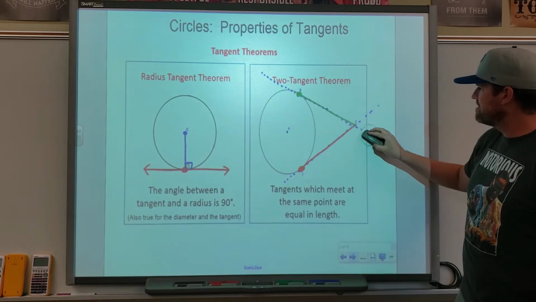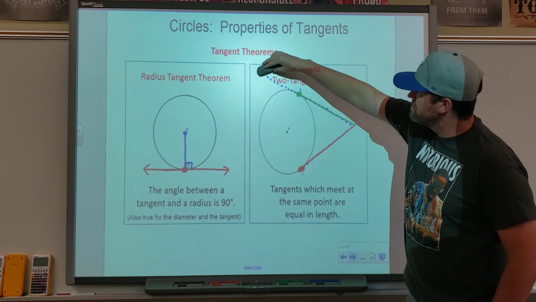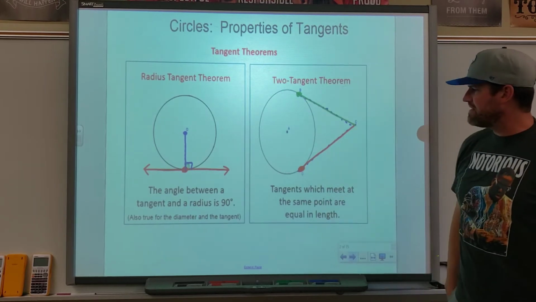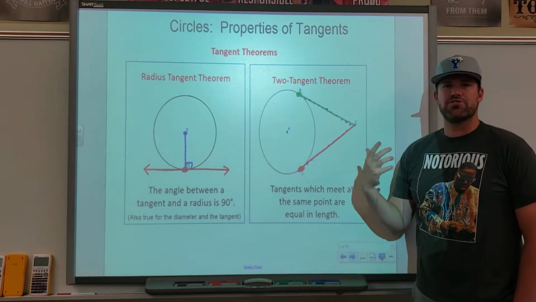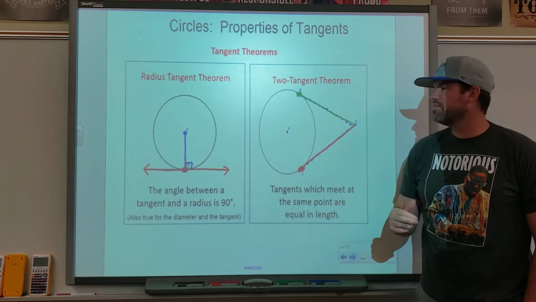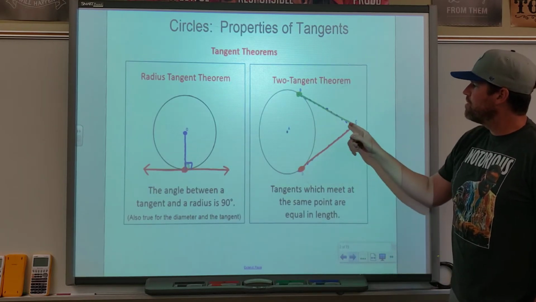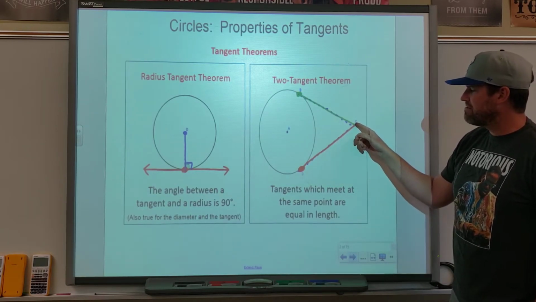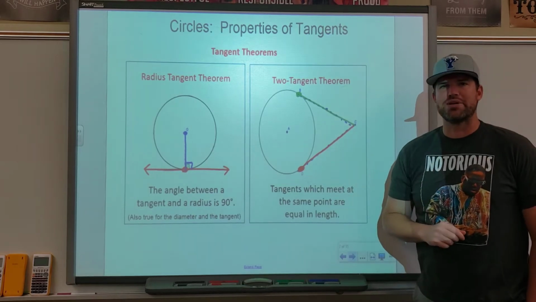Let me go ahead and erase this just so we can see a little bit clearer. So we have two tangent segments, and if they meet in the same place, which any two tangents would eventually meet in the same place unless they were parallel, but anyway, when they meet in the same place, we end up getting two segments that will be congruent.